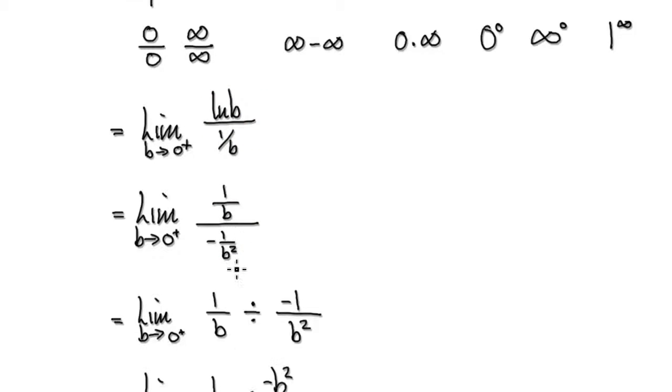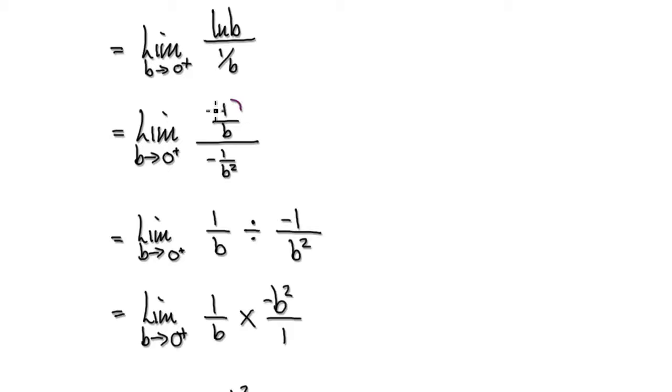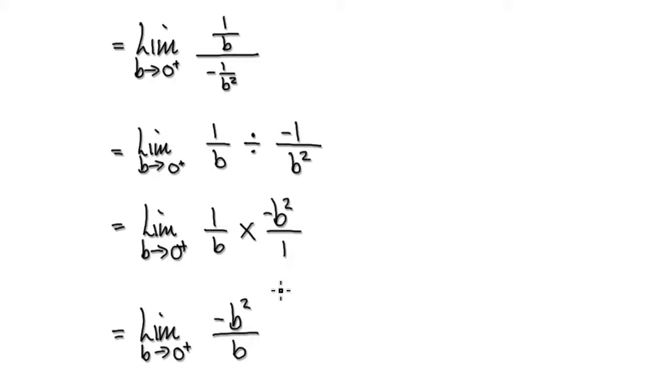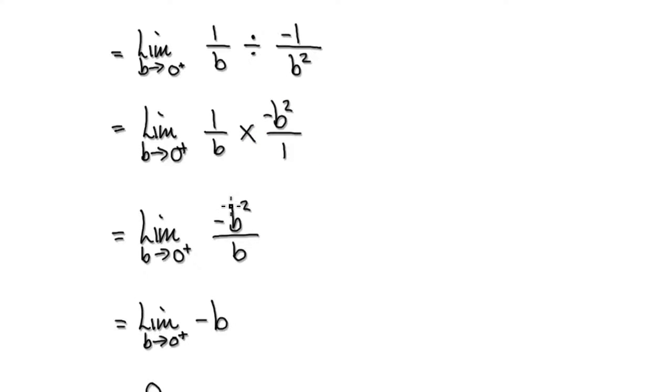Now tidy this up. You've got one thing divided by another, which is the same as multiplying by the reciprocal. Tidy this up, that gives you this, and tidy it up again, that gives you this.